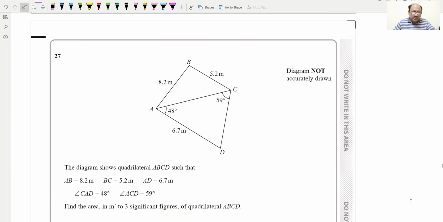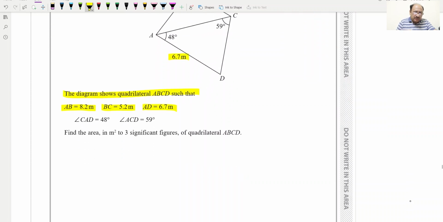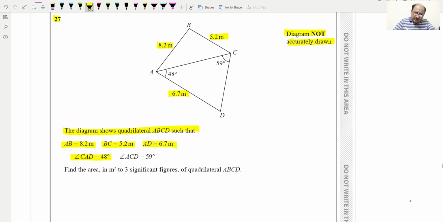Now question number 27. 27 says diagram is not accurately drawn. The diagram shows quadrilateral ABCD such that AB is 8.2 meters, BC is 5.2 meters, AD is equal to 6.7 meters, and then they have given us CAD is 48 and ACD is 59.